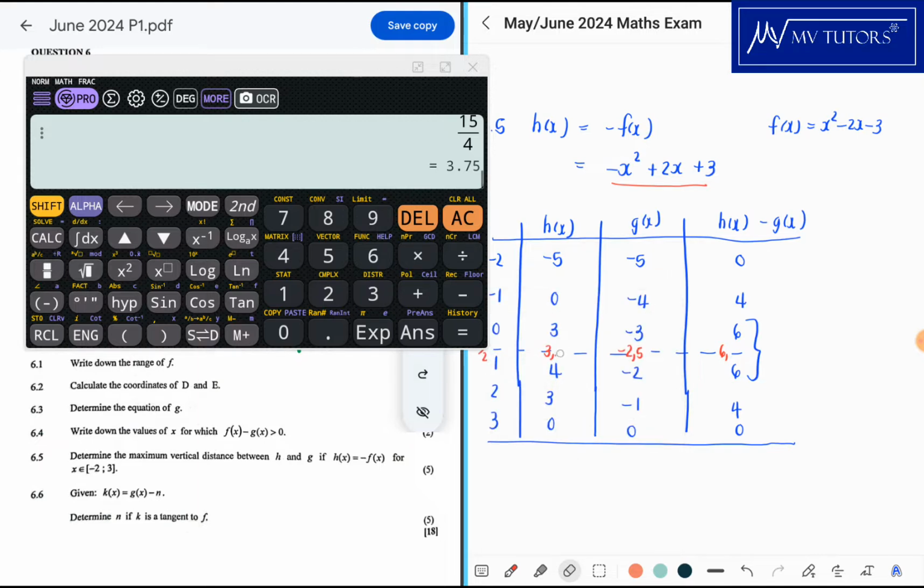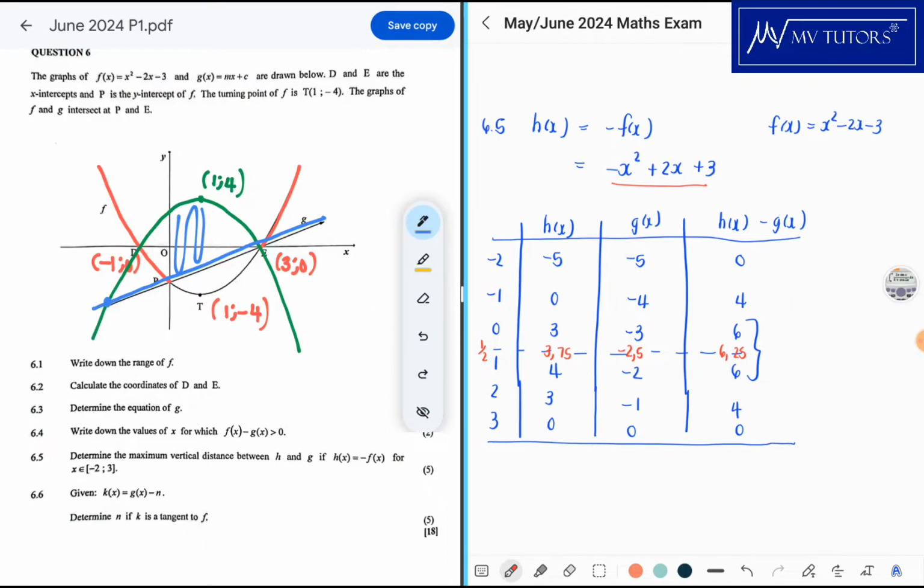So 3.75 minus 2.5, I get 6.25. So basically, the maximum vertical distance between H and G will be 6.25.